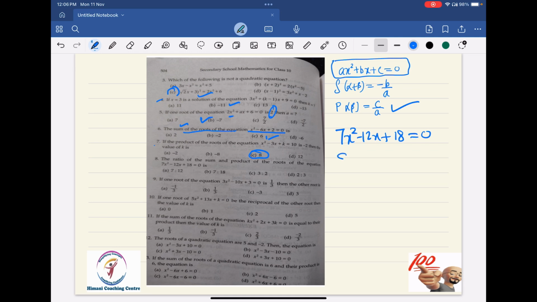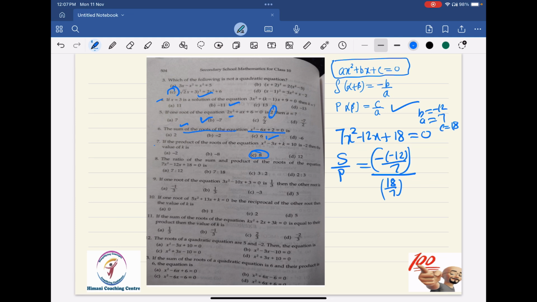Now they are asking to find S by P. So what is S here? S is minus B by A. So what is B here? Let me write: B is minus 12, A is 7, and C is 18. So the sum is minus of minus 12 by 7, and that is getting divided by the product, which is C by A, which is 18 by 7.